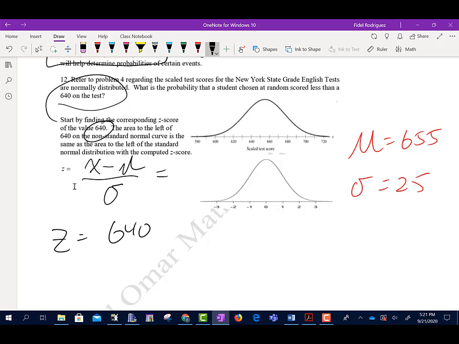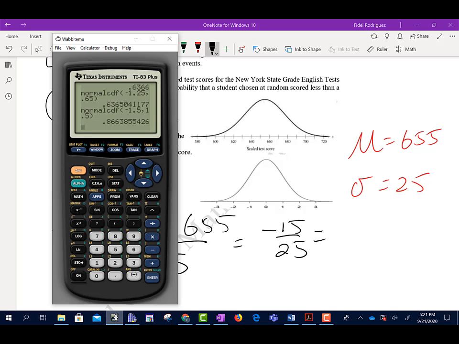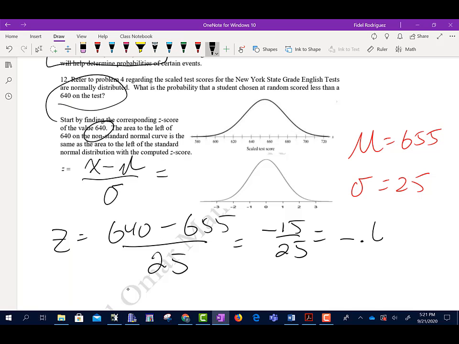So I'm going to take 640 minus 655, and divide it by 25. It's going to give me negative 15 divided by 25. And let me get my calculator. Negative 15 divided by 25, and I'm coming up with negative 0.6.